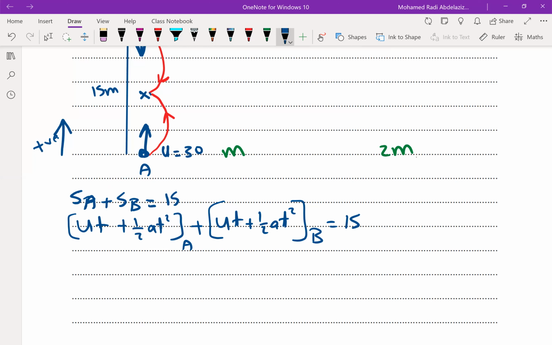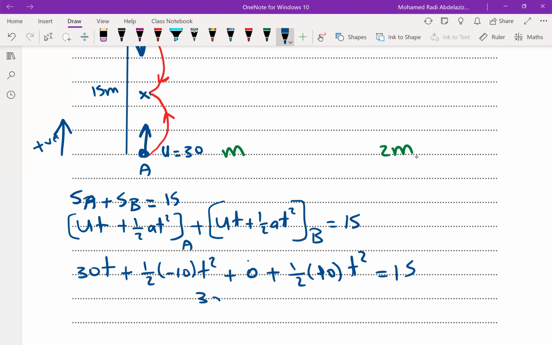Initial velocity for particle A is 30, so 30t plus half times negative 10 times t squared. Initial velocity for particle B is 0 plus half, acceleration is positive 10, t squared, is equal to 15. Solve the equation. 30t is equal to 15, so t is equal to 0.5.